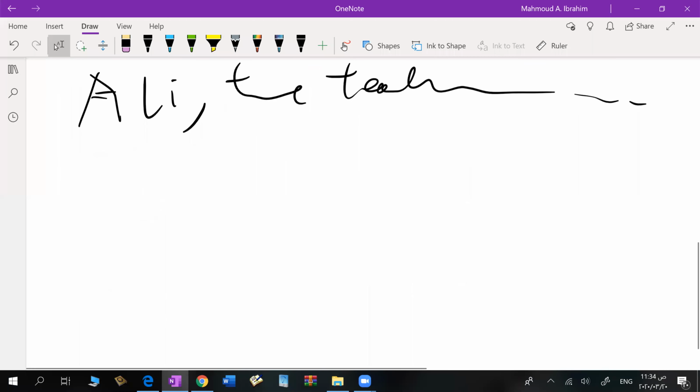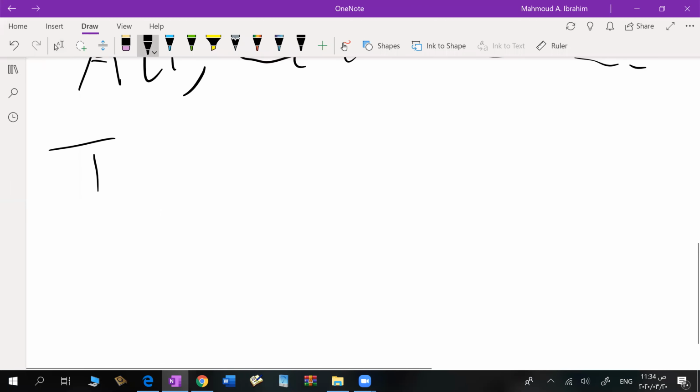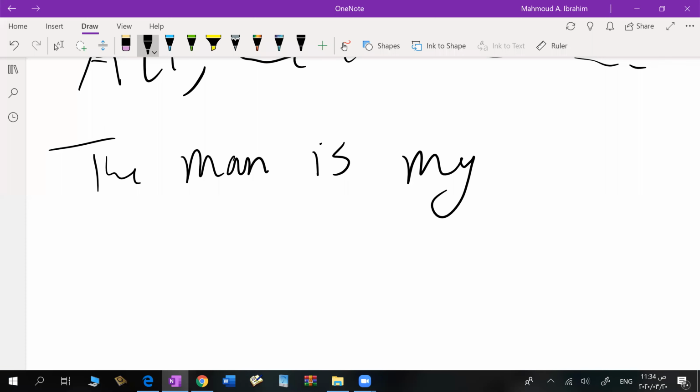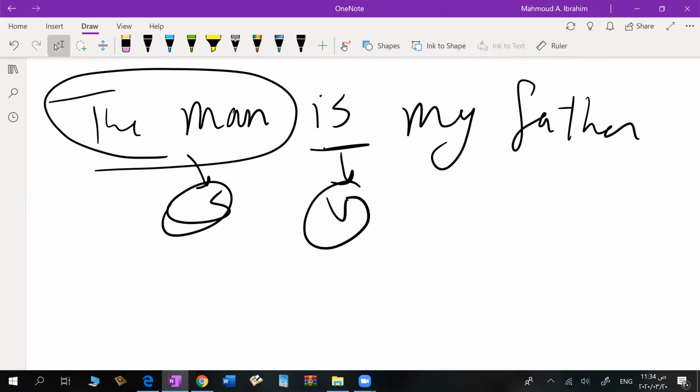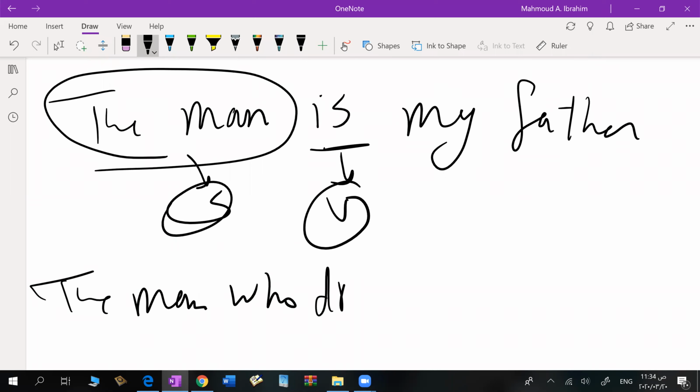When you say, for example, the man is my father, this is a correct sentence. The man is the subject and is the verb. Okay, and we have here a complete sentence. We can say the man who drives to work is my father.